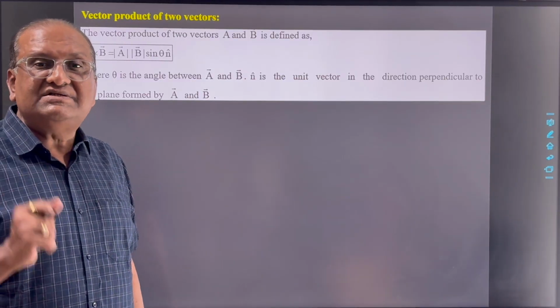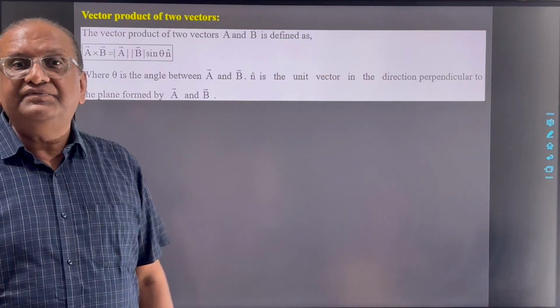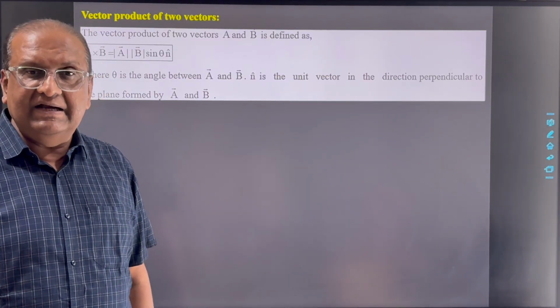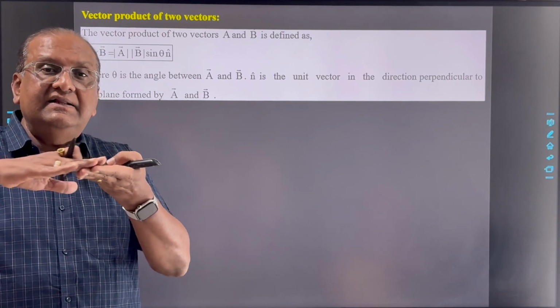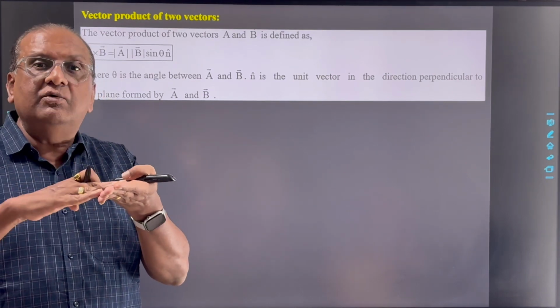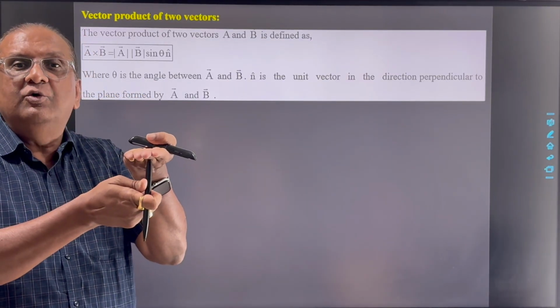Now the question is, how to decide the direction of this unit vector n caret? Because if we think about any plane, there are two directions perpendicular to the plane. One is like this, another one is below this one.